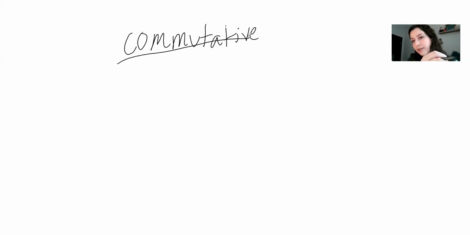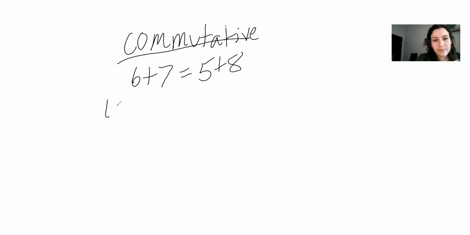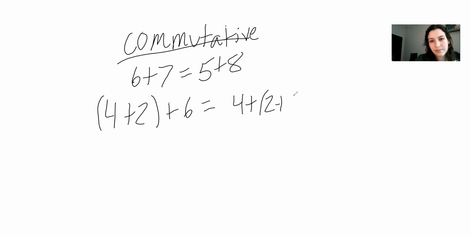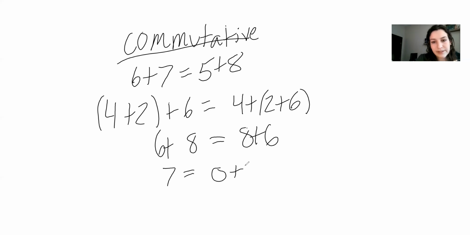So which of the following equations shows the commutative property? 6 plus 7 equals 5 plus 8. 4 plus 2 plus 6 equals 4 plus 2 plus 6. 6 plus 8 equals 8 plus 6. Or 7 equals 0 plus 7.